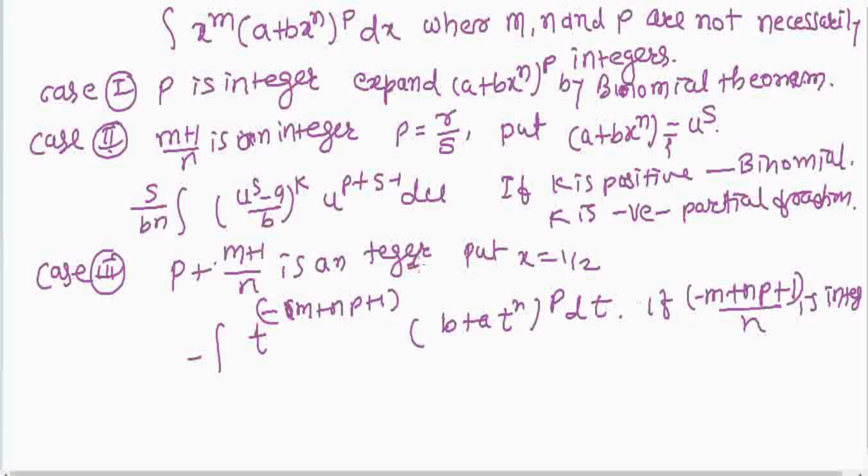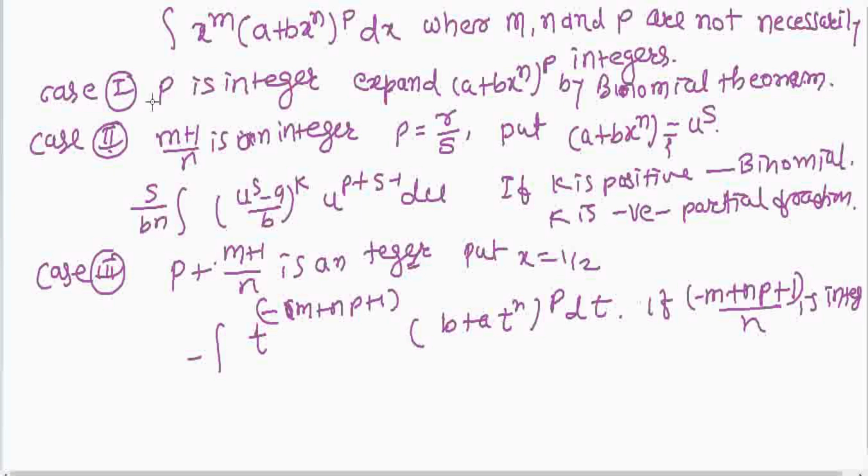This gives us again two cases, if k is positive and k is negative. If k is positive, apply the binomial theorem. If k is negative, apply the partial fraction method. And the third case is if (p plus (m plus 1) divided by n) is an integer, then we put x equal to 1 by t. So these are the three cases.